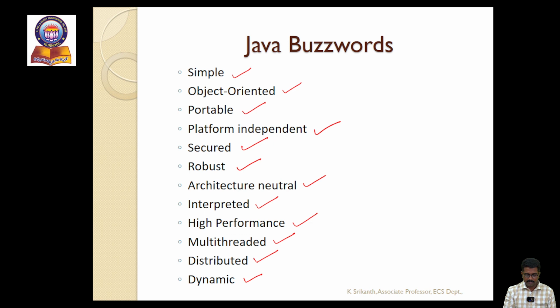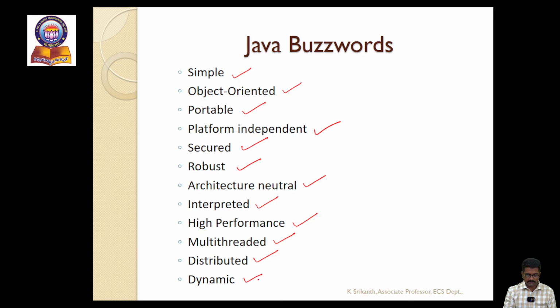And we can develop distributed applications using Java because it supports concepts like EJB, Enterprise Java Beans, and RMI, Remote Method Invocation. Because of these features, we can divide the application into multiple modules, assign them to multiple people across the globe, integrate them on one machine, and run it on the internet.